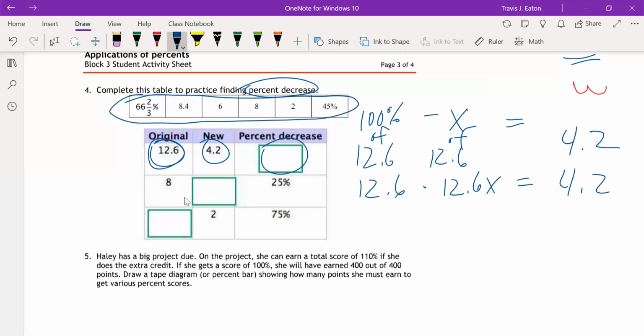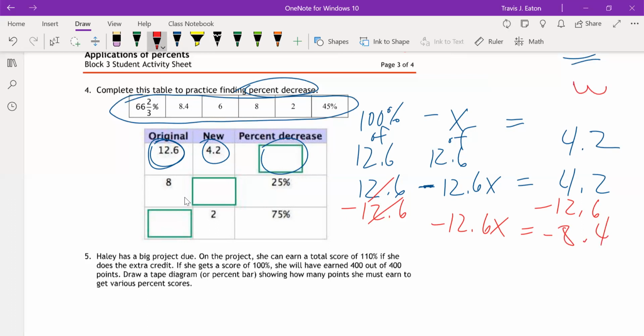And that's going to equal our new amount, which is 4.2. So let's keep working through this equation: 12.6 minus 12.6x equals 4.2. We're trying to find out what x is. So the first thing we're going to do is subtract our constant, minus 12.6, and those cancel each other out. I get negative 12.6x equaling 4.2 minus 12.6, which is negative 8.4.